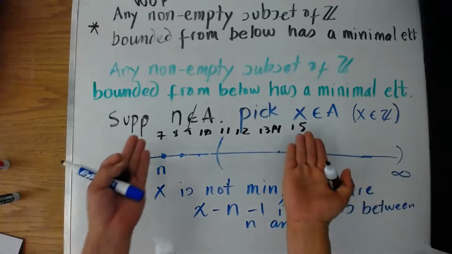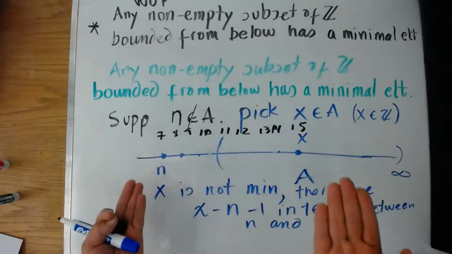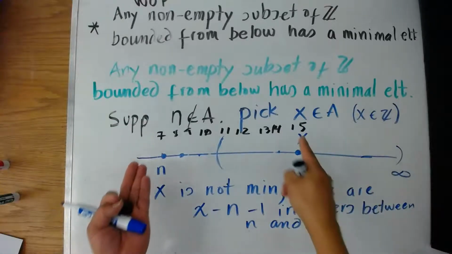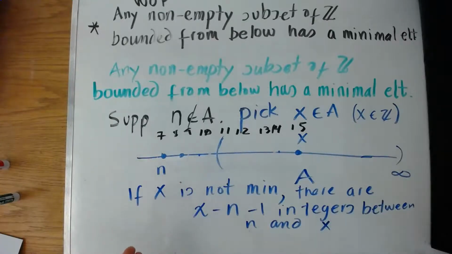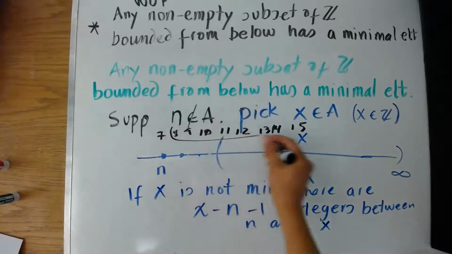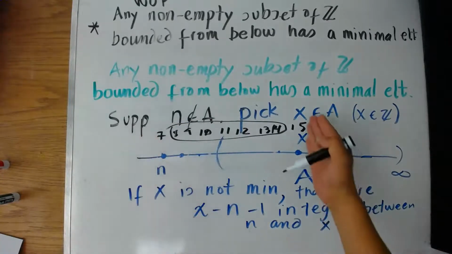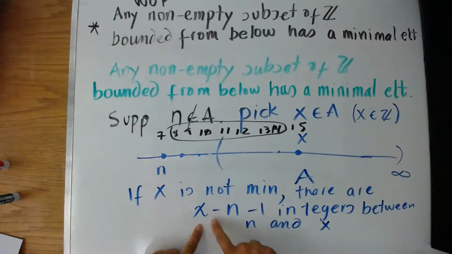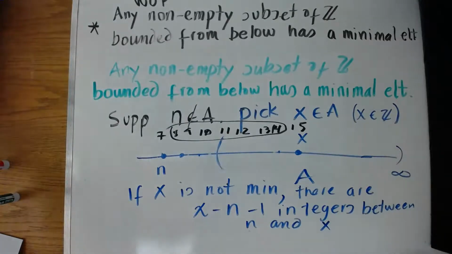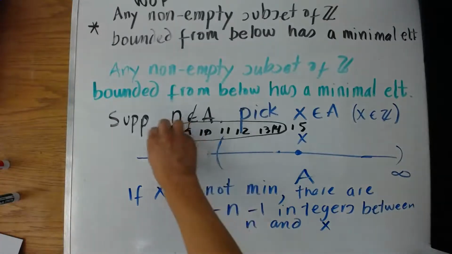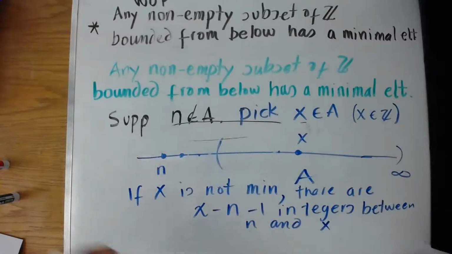How do I find that? I could say 15 minus 7 minus 1, because 15 minus 7 is 8, minus 1 is 7. So that captures the number of integers in between n and x. So there are x minus n minus 1 integers between n and x. Okay, so my claim in the end of this proof is that one of those will have to be the minimal element we're looking for.